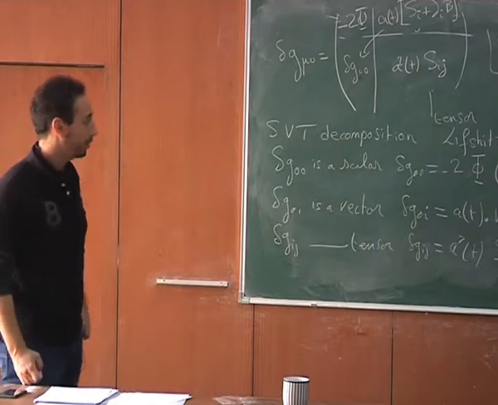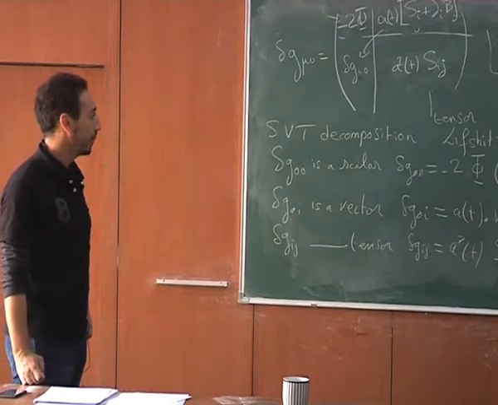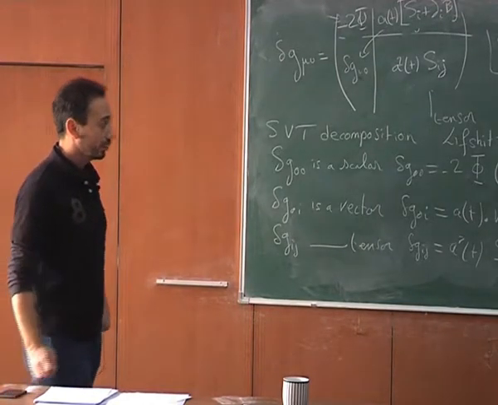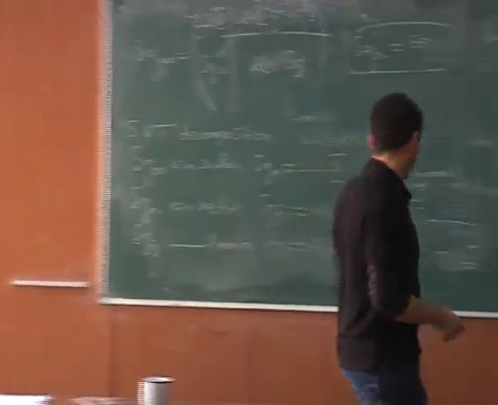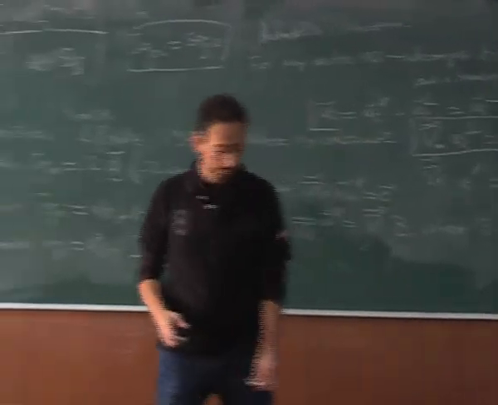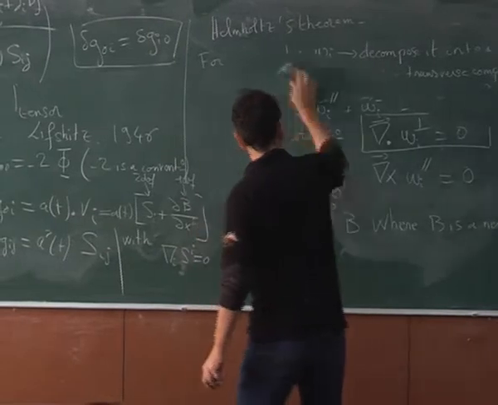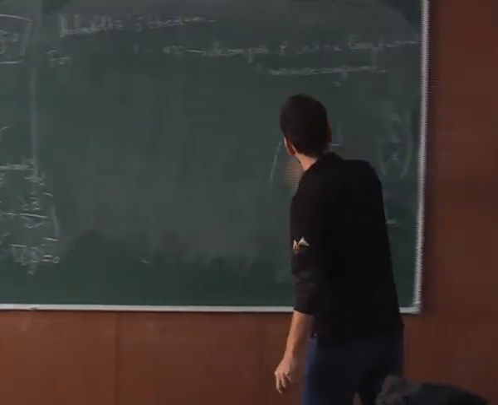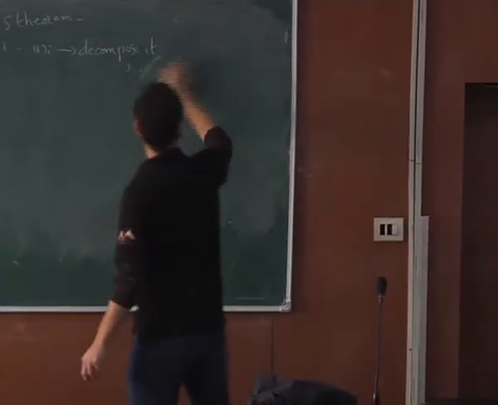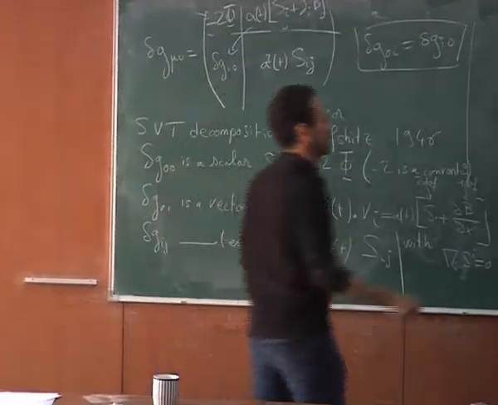So now let's count the degrees of freedom to see the total. How many scalars do we have in our theory, in our metric actually? We have one scalar which is phi.